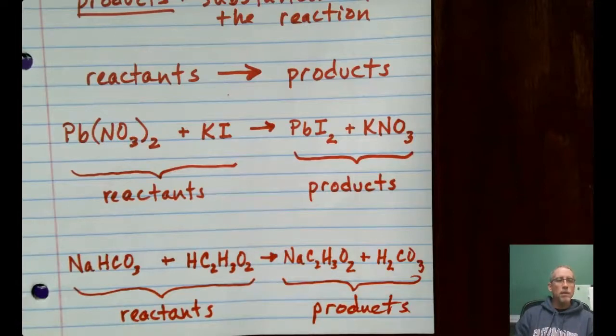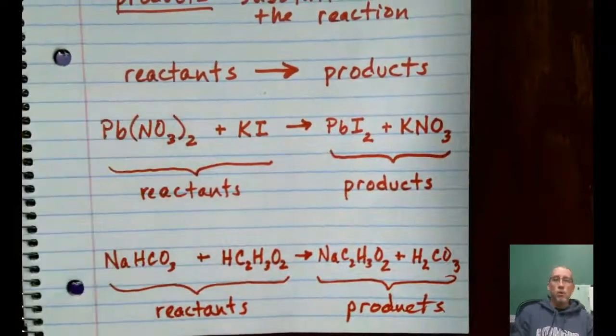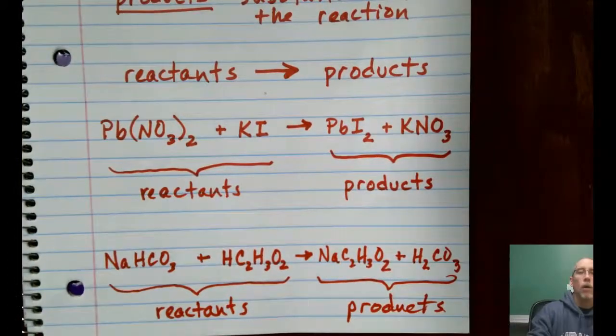So I think this is a good place to stop here. And then in the next lesson, we'll get into a little bit more detail about what's actually happening with the atoms, or more importantly, maybe what's not happening with the atoms during the reaction. Okay? All right, so let's see how this goes when you apply this to the worksheet that I have ready to go for you today. Good luck.